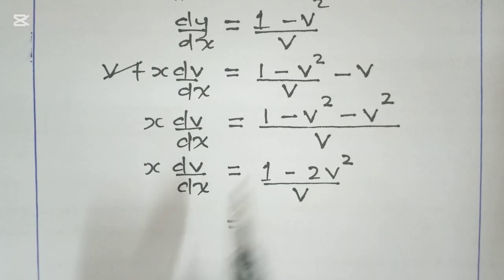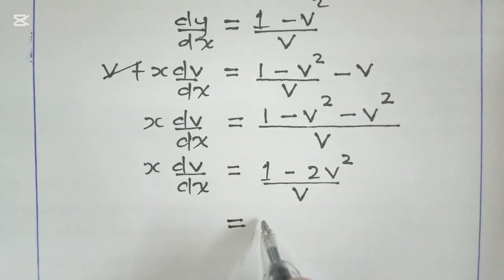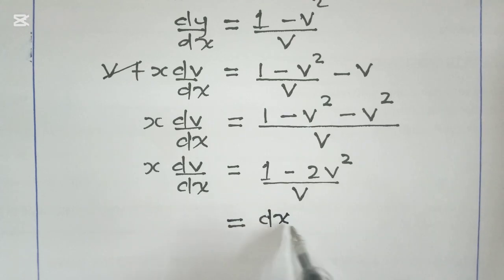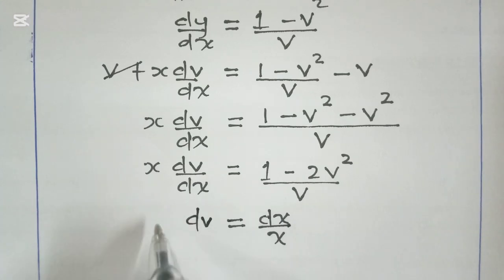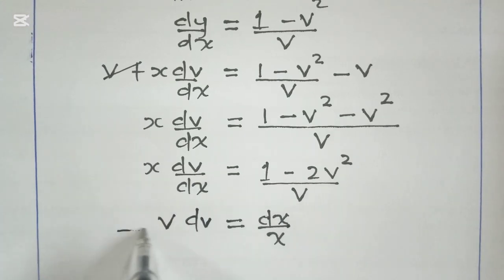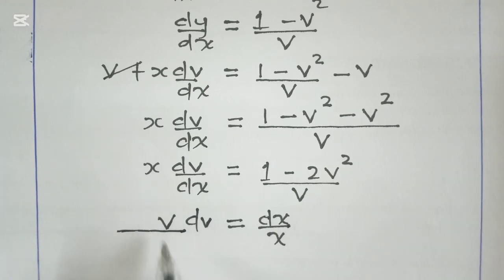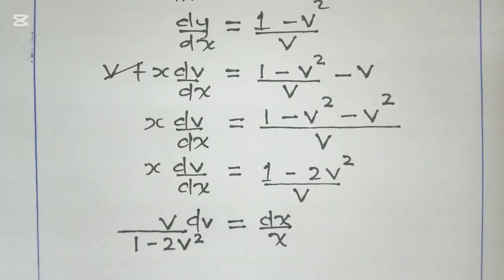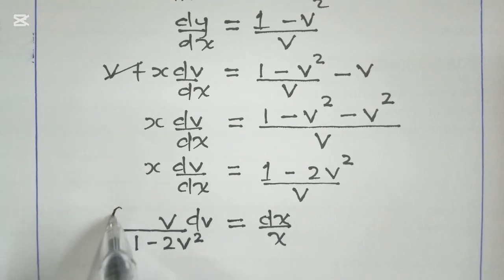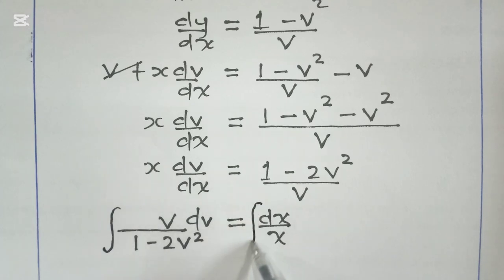And so when we do that, we shall have dx all over x on one side, and on this other side we shall have v dv all over 1 minus 2v squared, like that. From there, we can now integrate. We integrate that side, we also integrate that side.